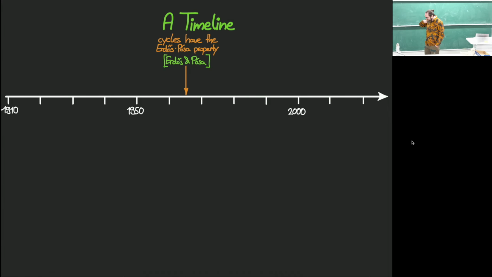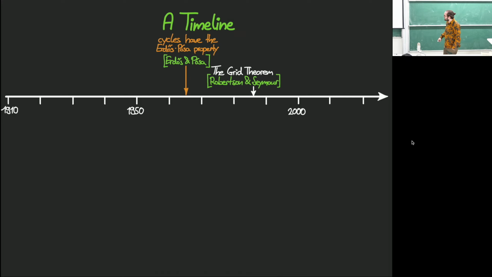So here's a timeline. I start roughly in the middle here with the original Erdős-Pósa result, where they just show that cycles themselves have the Erdős-Pósa property. This is by Erdős and Pósa in the 60s. And then for a while there was nothing, and then we got the grid theorem by Robertson and Seymour. This was a major turning point in graph minor structure theory, and this enabled a lot of results that extended the Erdős-Pósa property to different types of cycles.